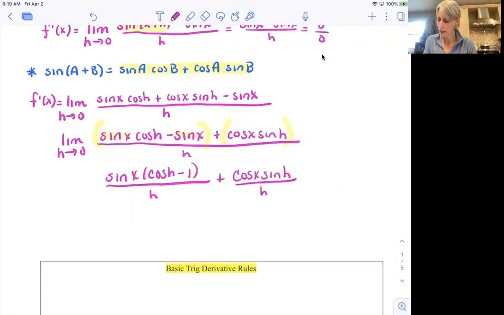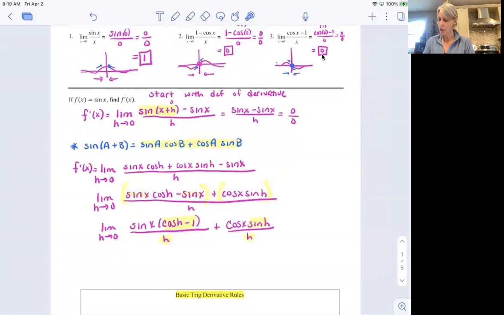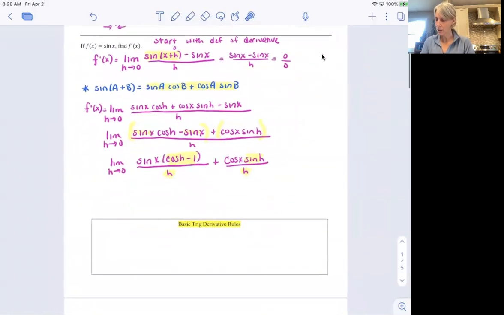And now we're still evaluating this limit as h approaches 0. But now if you notice, in this term, I have cosine h minus 1 over h. And in this term, I have sine h over h. So cosine h minus 1, when I evaluate the limit as h goes to 0, that's going to be that expression over there.